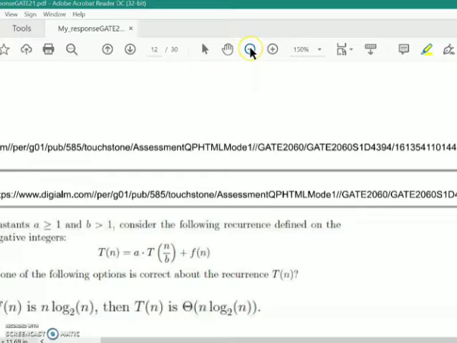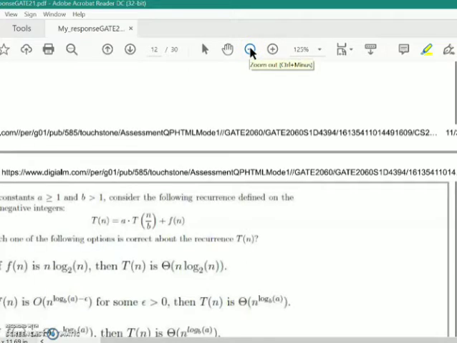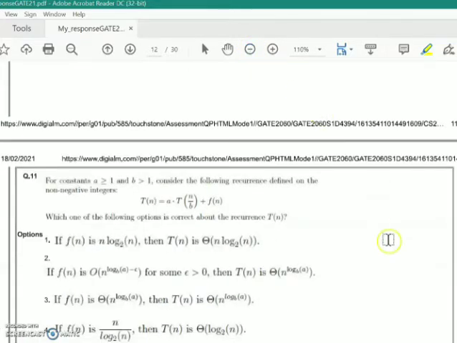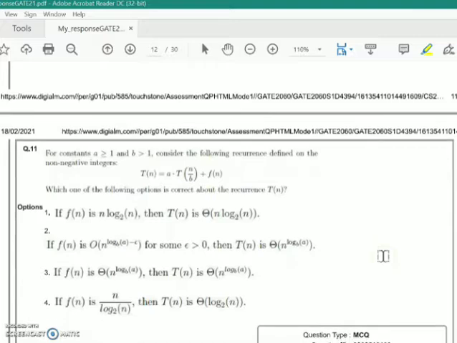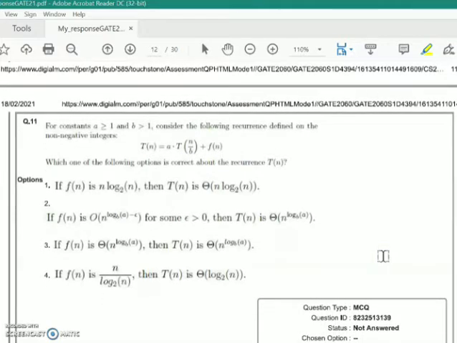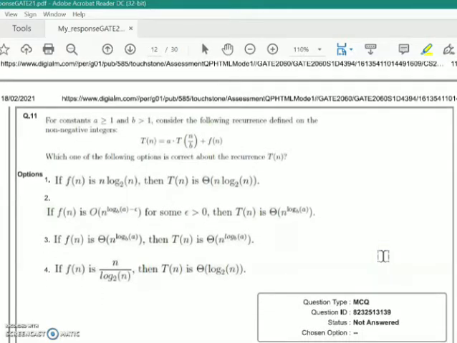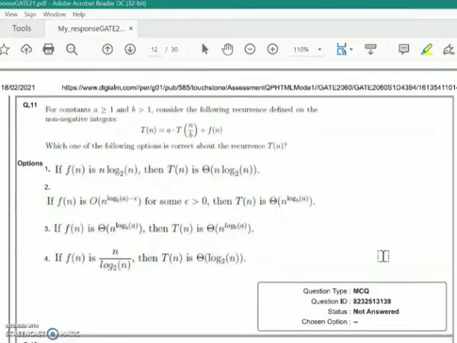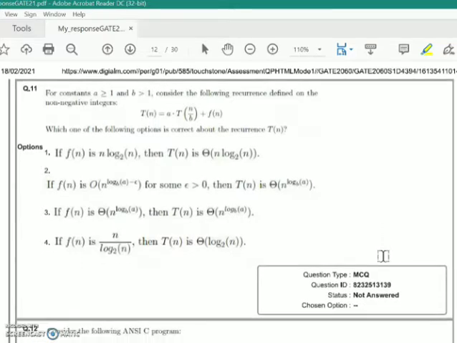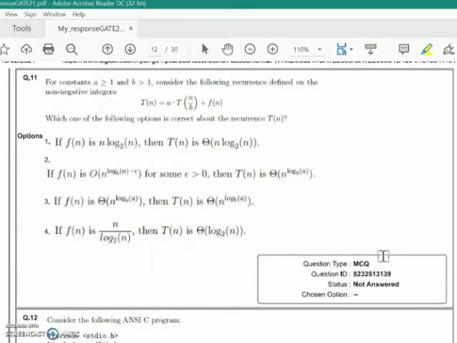Next question is on recurrence relation. F of n is n log 2 of n and T of n is theta of n log 2 of n. Question number 12. The C program is given.